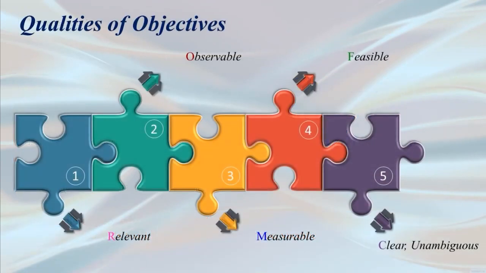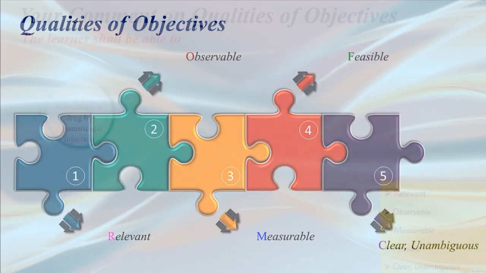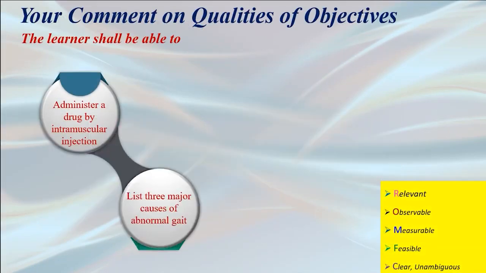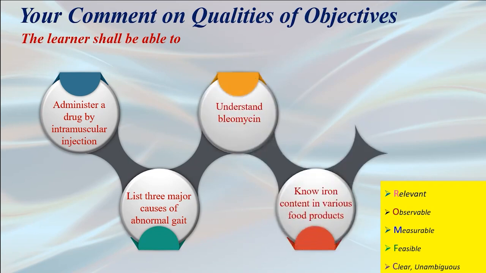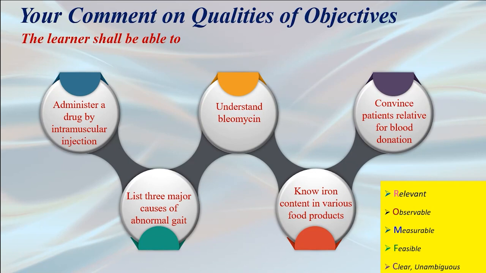This is another acronym for quality objectives. It's relevant, observable, measurable, feasible, clear: ROMFC. So let's read some examples and see which criteria apply to them.